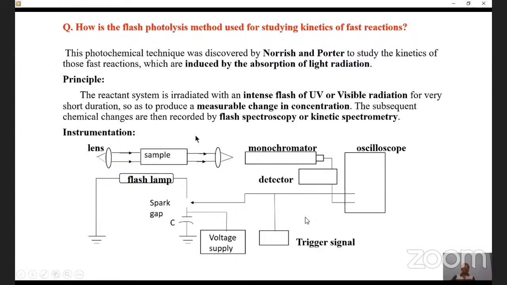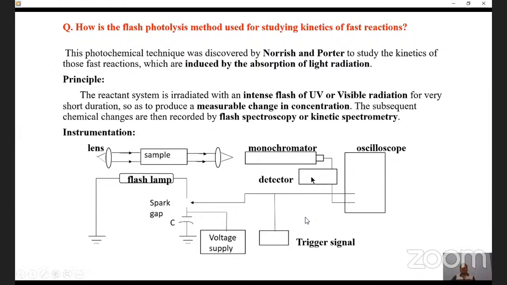The instrumentation required for this technique is shown in the figure below. This instrumentation consists of this thermostated sample container. Then this is a monochromator to produce a beam of the required wavelength.